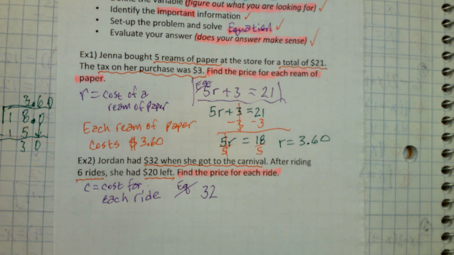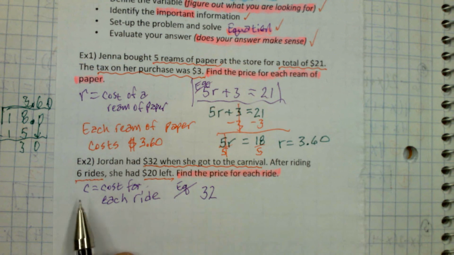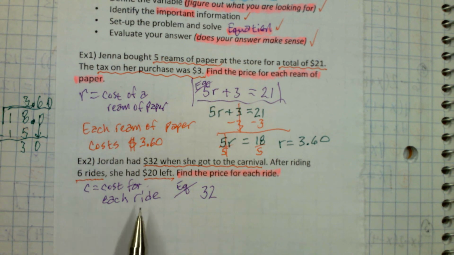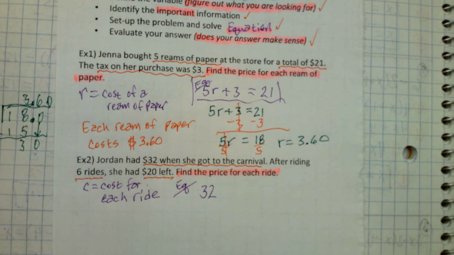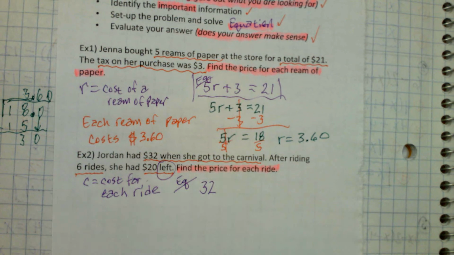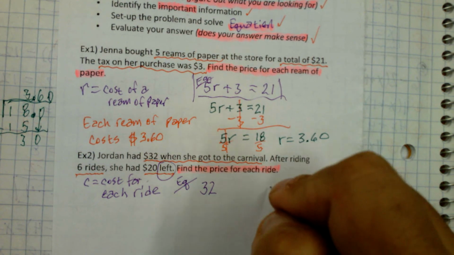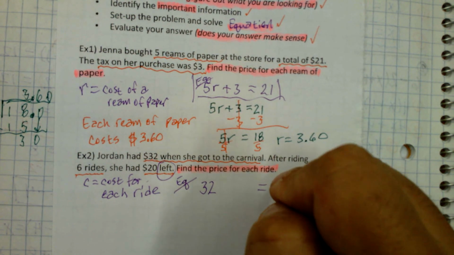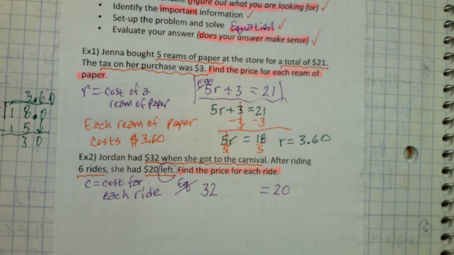Well, we don't quite know the amount because they only tell us 6 rides. But each ride costs the same. You see this keyword here? That tells us it's going to equal 20.